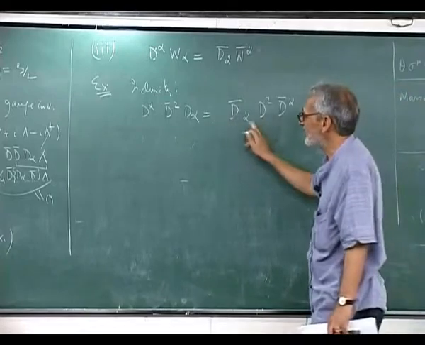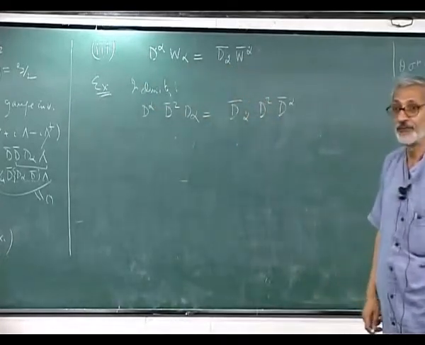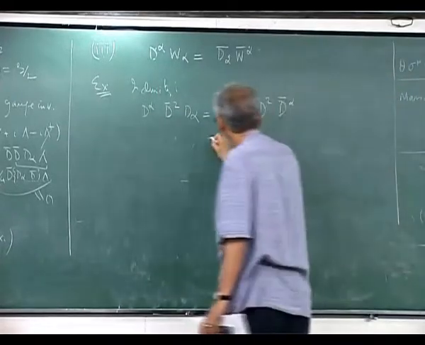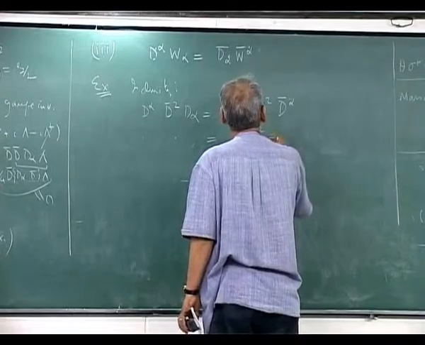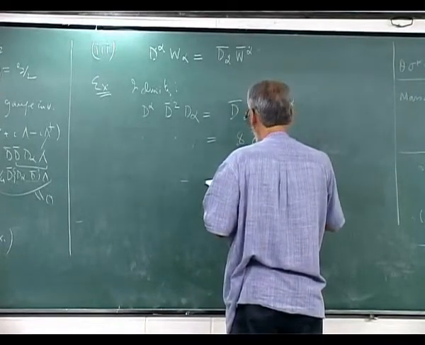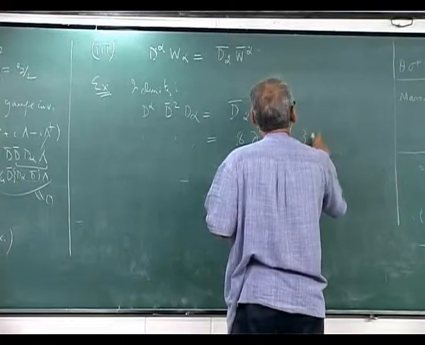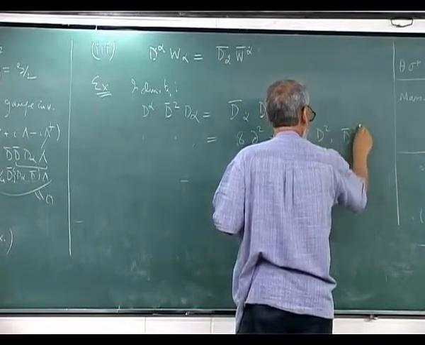This is an identity, and this identity, if you apply there, will tell you this. And if you work this out, this identity turns out to bear a simple structure. It's L times D square plus half commutator of D square D bar square.